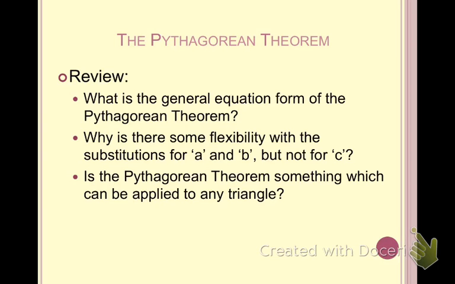It's always the longest side, which is the side opposite the 90-degree angle. But a and b are the legs, and there are two legs, so it doesn't necessarily matter which one you call a and which one you call b. Okay? And remember that you can only use the Pythagorean theorem in a right triangle, so it must have a 90-degree angle in the triangle in order to use it.